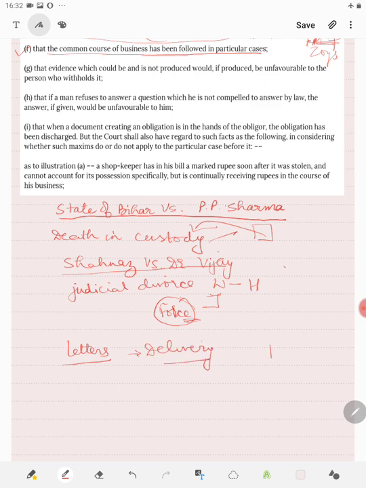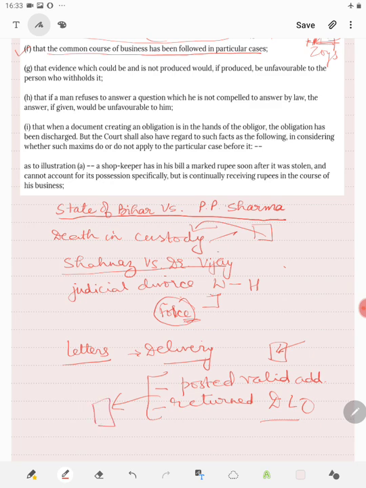So, if a letter has been posted at a valid address, and there is proof that the letter was posted at a valid address, and it is not returned by the postal department, that is called the dead letter office, then it will be presumed that the letter was received by the person to whom it is addressed.